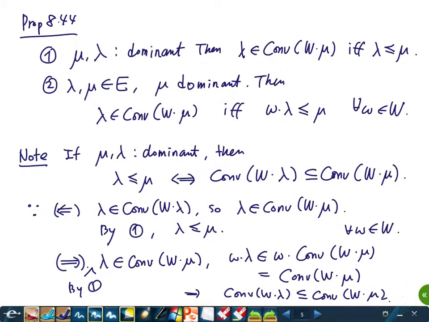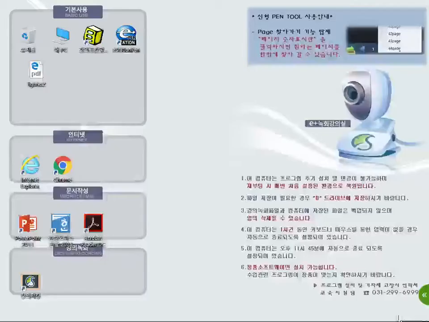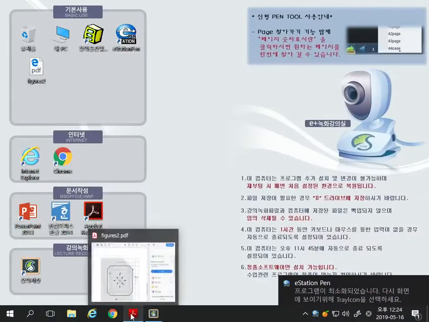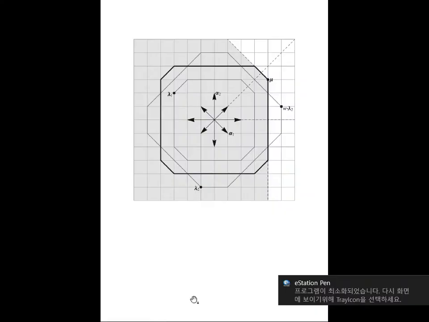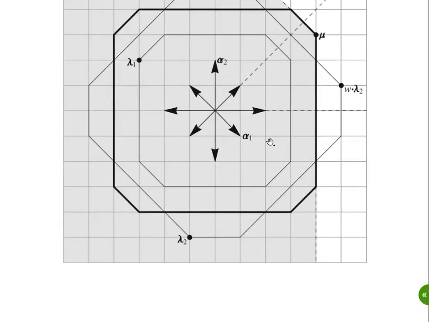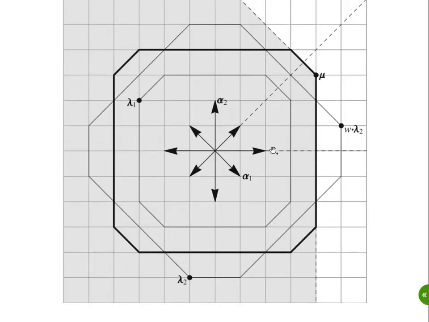So for dominant elements, if you can compare the convex hull of the Phi group orbit, then you can tell whether one thing is higher than the other. Okay, let me show you an example. So here we have type B2 root system.